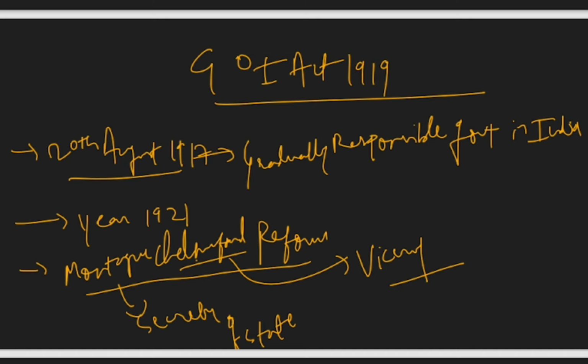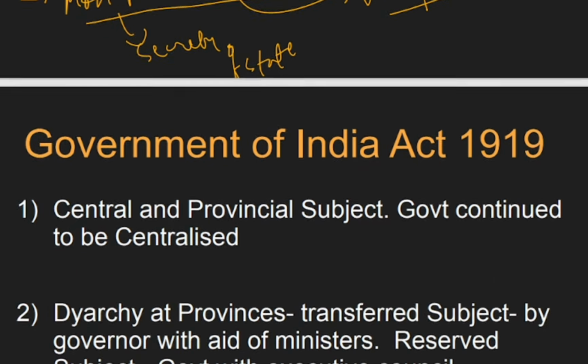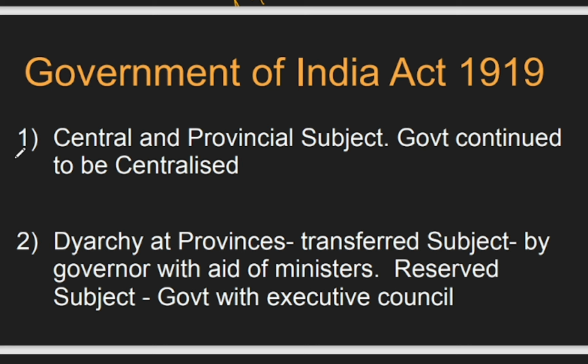Now let us move to the important points of this act. The first point says that central and provincial subjects were formed through this act, though government continued to be centralized. So, through this act, central subjects and provincial subjects were formed.